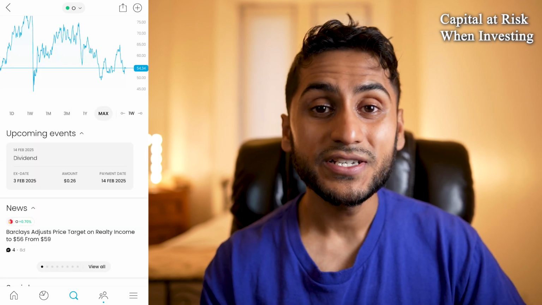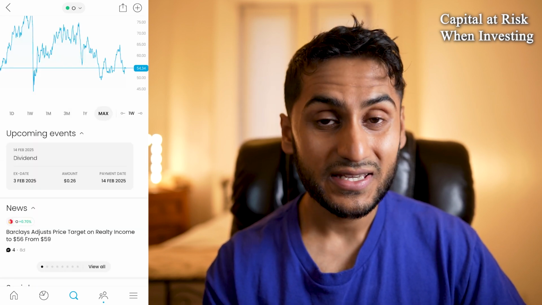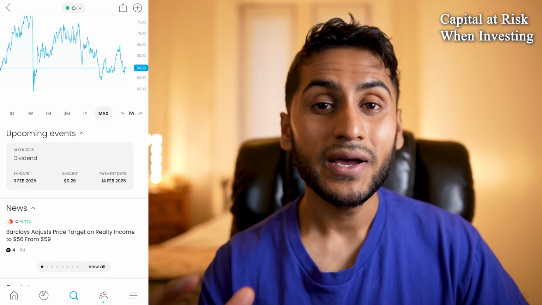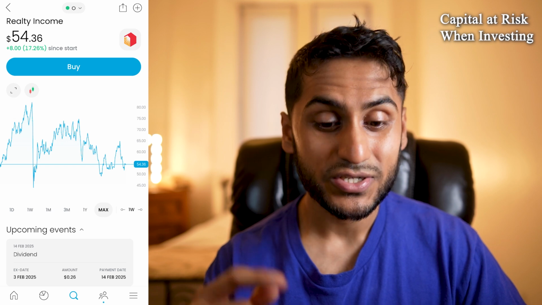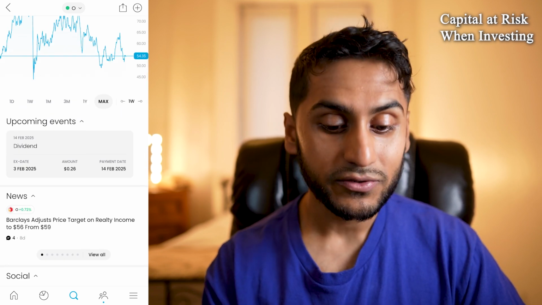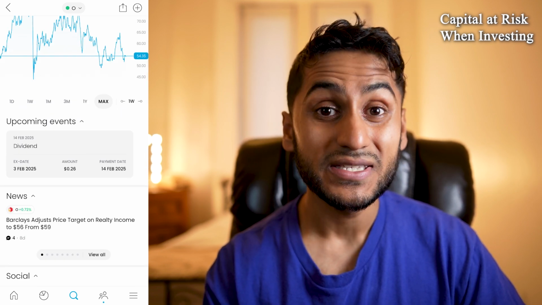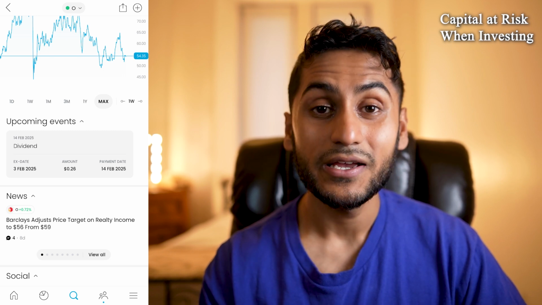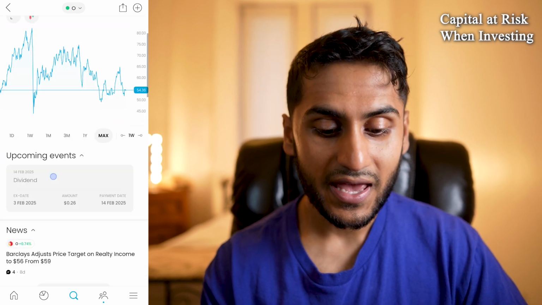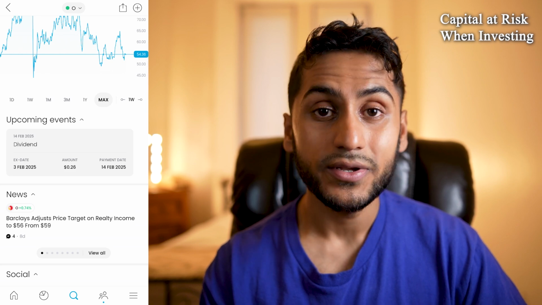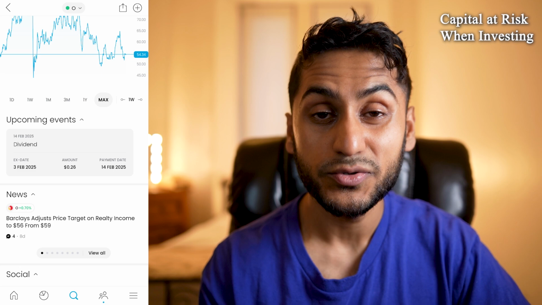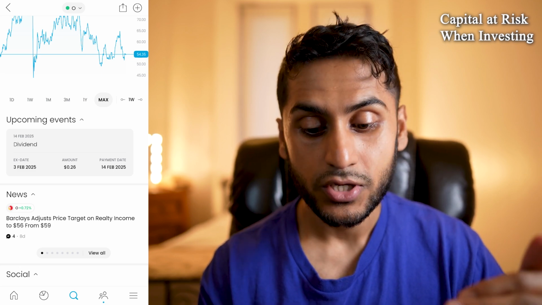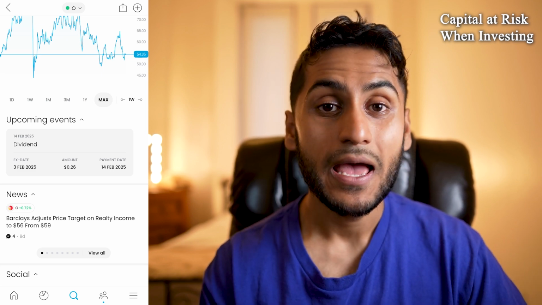The thing that differentiates REITs from other funds is that by law, they do have to distribute a portion of their profits back to their shareholders. And I believe Realty Income pays out dividends every single month, which is actually kind of bonkers. You can see that the ex-dividend date here was on the 3rd. So if you had held these shares on the market open of 3rd of February 2025, you would be entitled to around 26 cents per share.